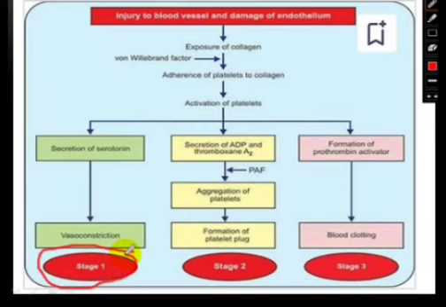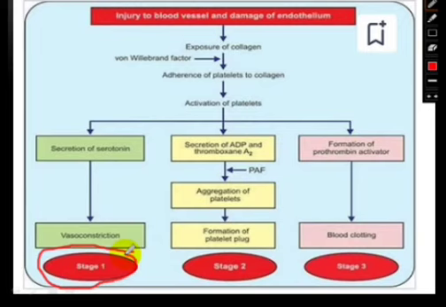When you hear the word vascular spasm, it simply refers to the strong contraction of the smooth muscles found in the blood vessel and strong constriction of the blood vessels themselves.